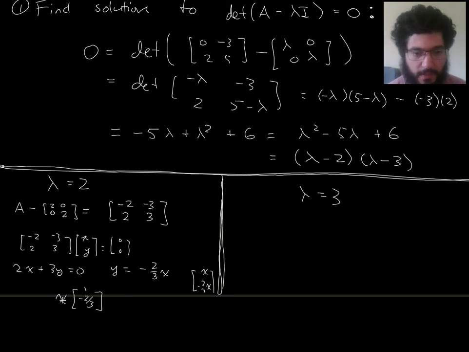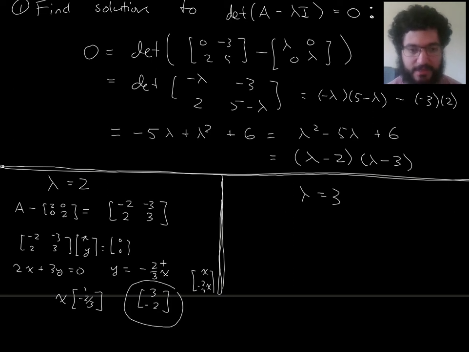Usually, we just want to give one eigenvector in the end, and that's enough. So I can just pick any number, not 0, for x, and how about I pick x equals 3 just to clear out the denominator. So 3, negative 2 is an example of an eigenvector.